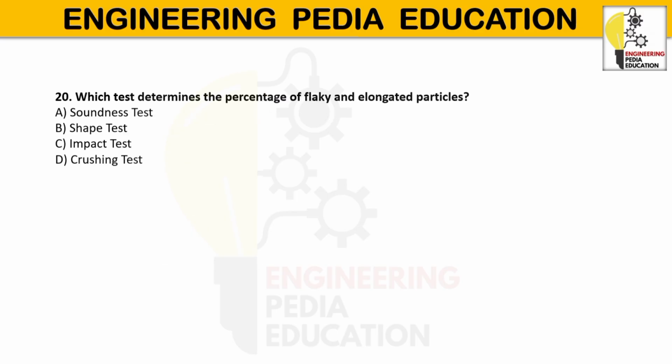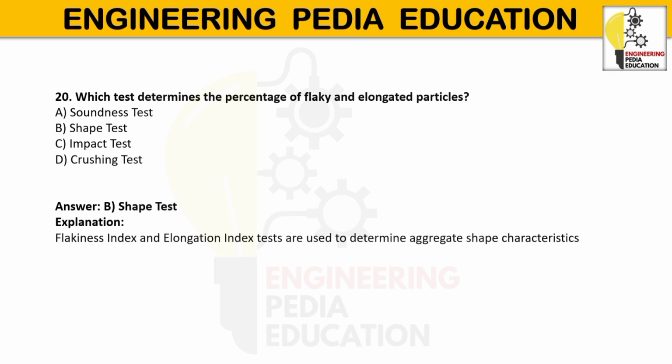Which test determines the percentage of flaky and elongated particles? Soundness test, shape test, impact test, crushing test. Shape tests, the flakiness index and elongation index tests, are used to determine aggregate shape characteristics.